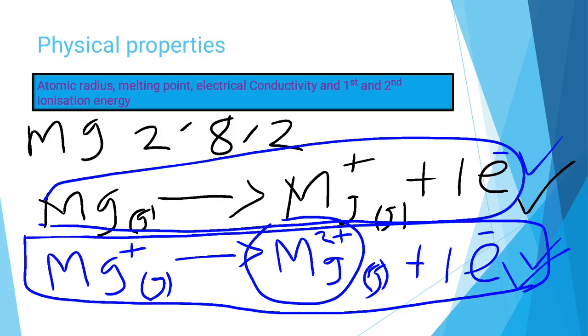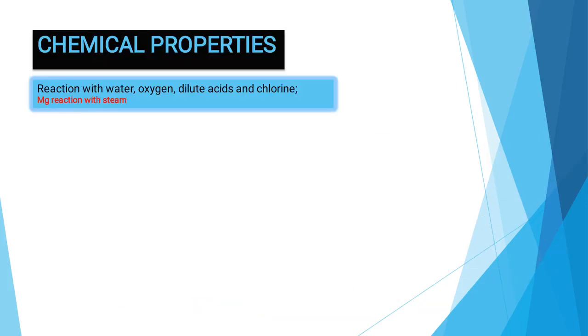So we get to the chemical properties of the alkaline earth metals, and to begin with, the reaction with water. I'll use an example of magnesium.